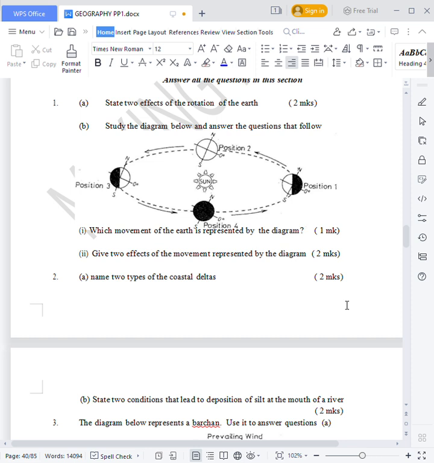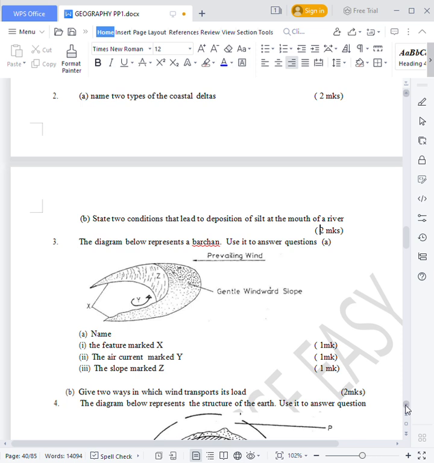Part B of question 2 was, state two conditions that lead to the deposition of silt at the mouth of a river. You have loss of velocity.